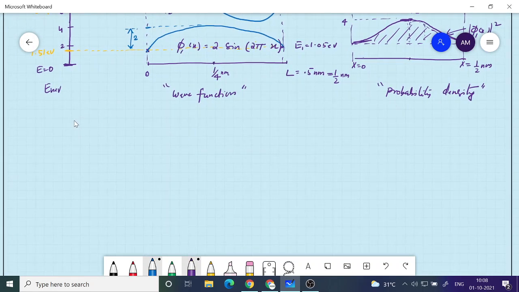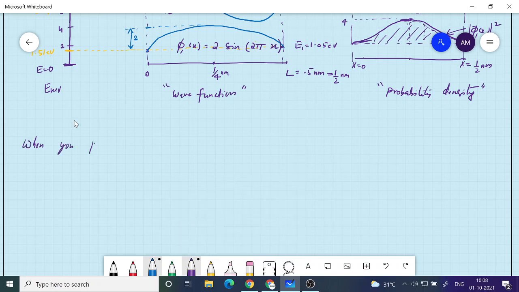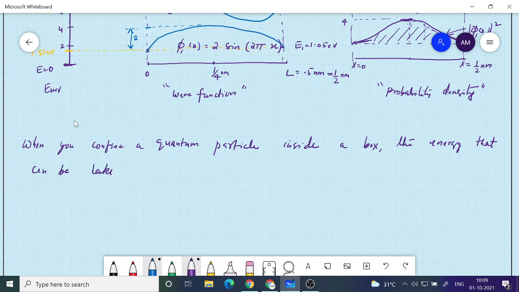This is a very important feature in quantum mechanics. As a conclusion, let us write: when you confine a quantum particle inside a box, the energy that can be taken by the particle is discretized.